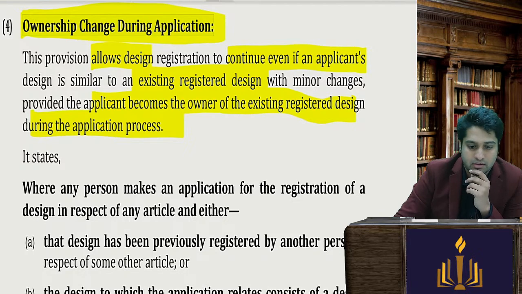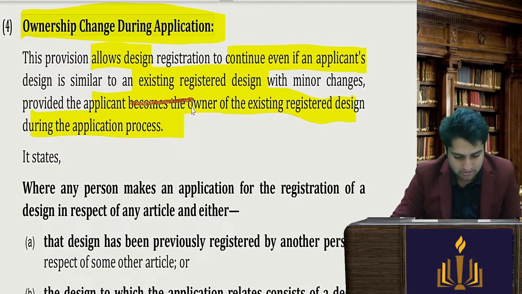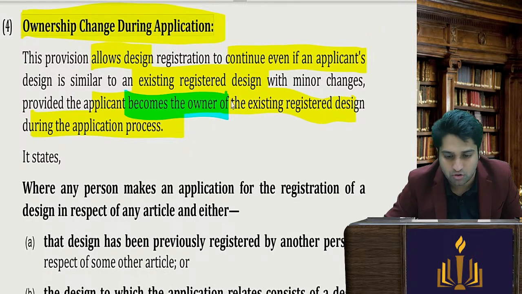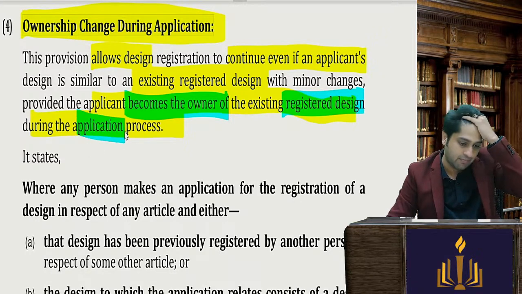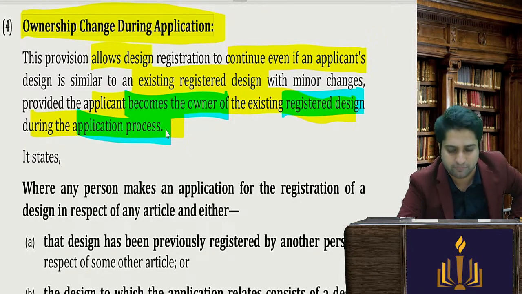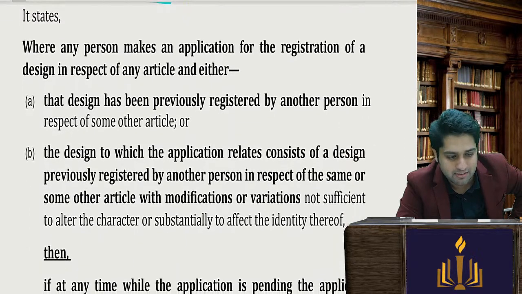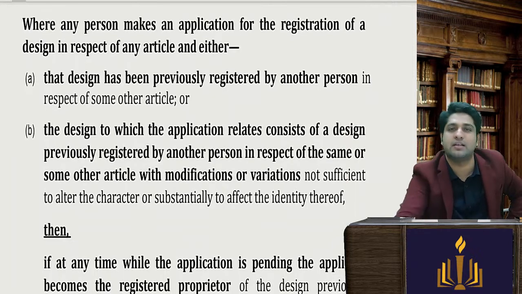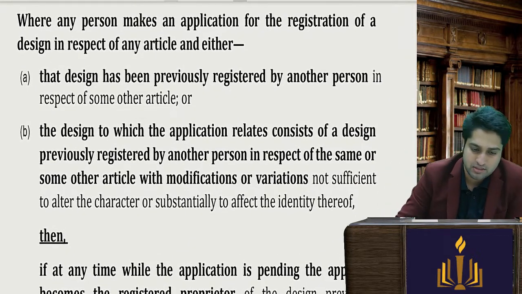See, someone becomes the owner of the existing registered design during the application process. So let's see. If it is similar and belongs to some other person and I have bought out the rights, we'll read it first.